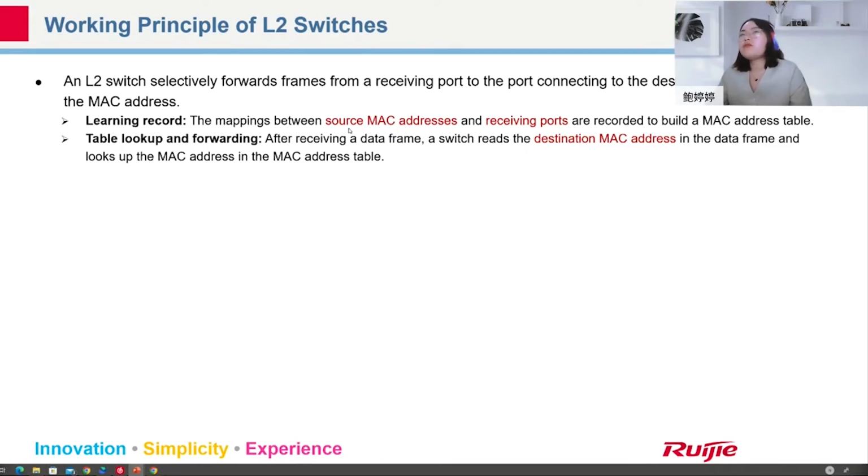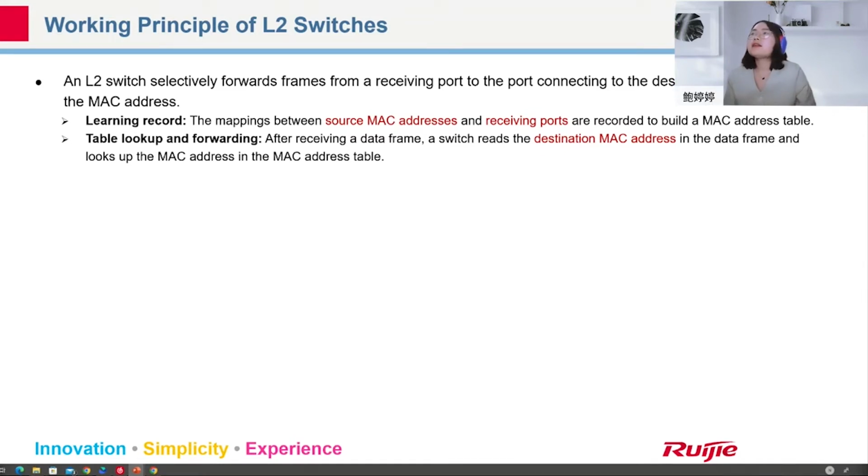In the MAC address table, we will record the source MAC address and the receiving port. Pay attention, these two parts will be added into your MAC address table to make it bigger. This is the first thing the switch has to do.